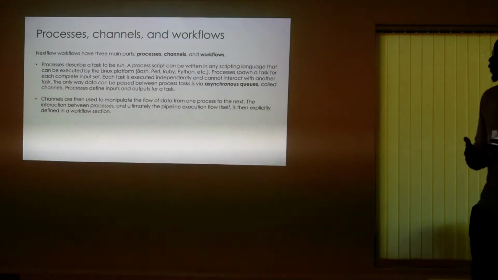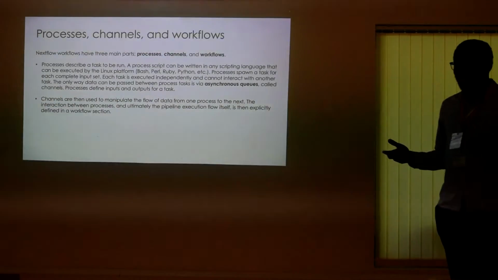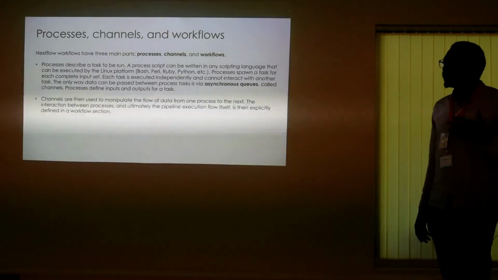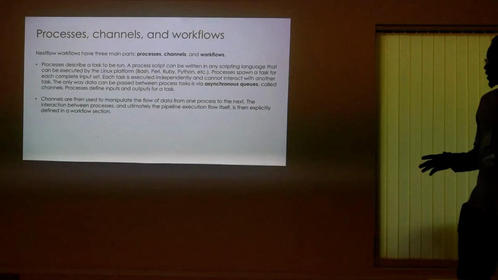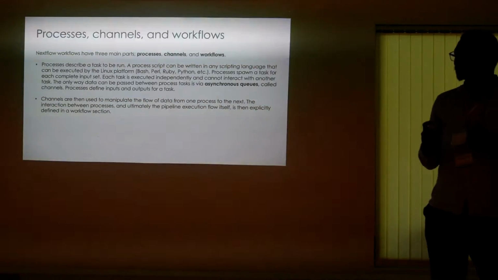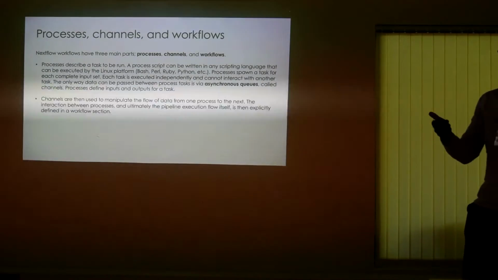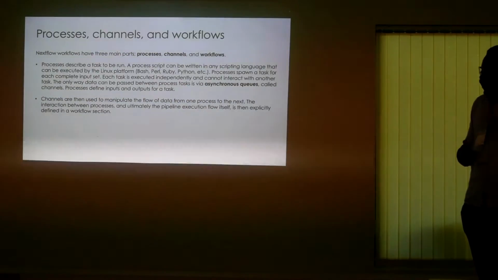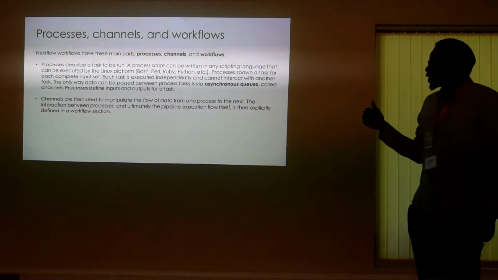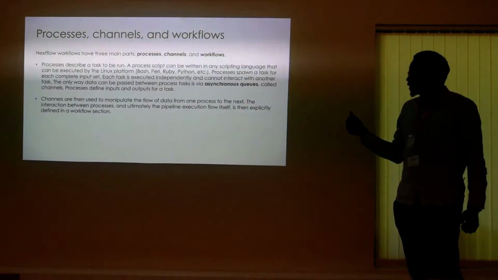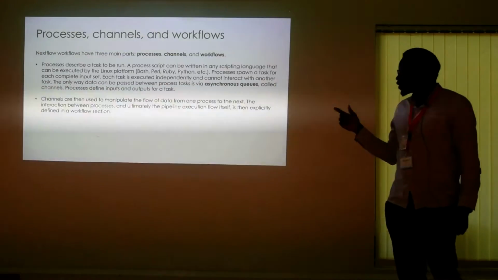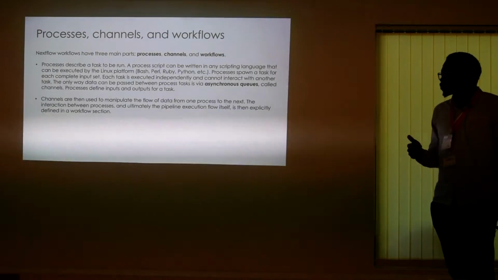And in this process, you can use any script to describe whatever you want to run. You can use Bash, Perl, Ruby, Python, R, whatever scripting language you're comfortable with. These processes are executed independently, and they're not able to interact with other tasks. One of the major components is that the data in each task is passed as asynchronous queues or channels, so they're not in synchrony.